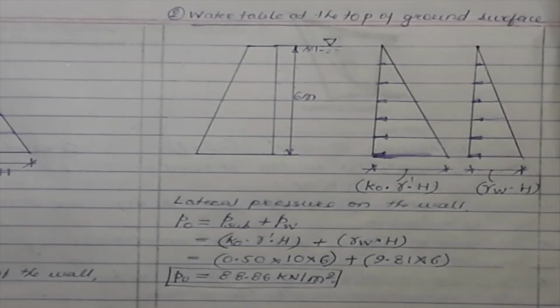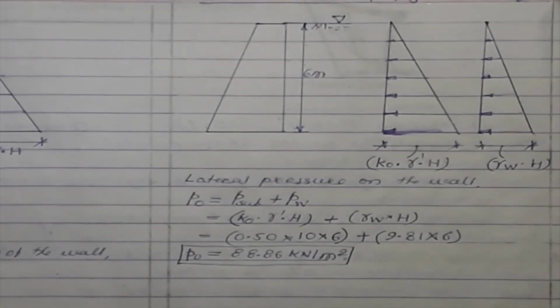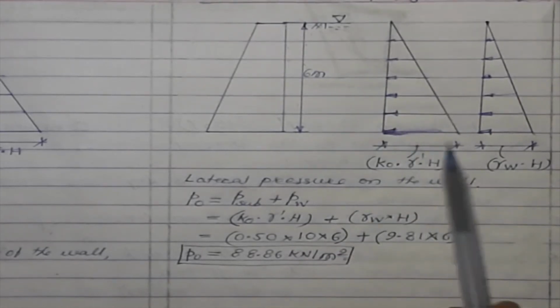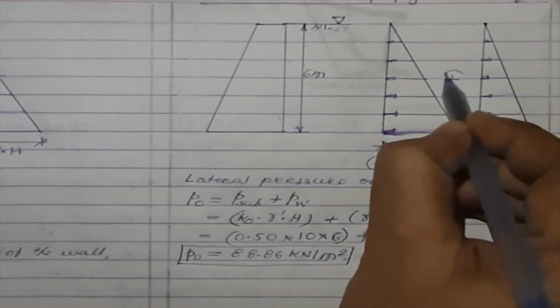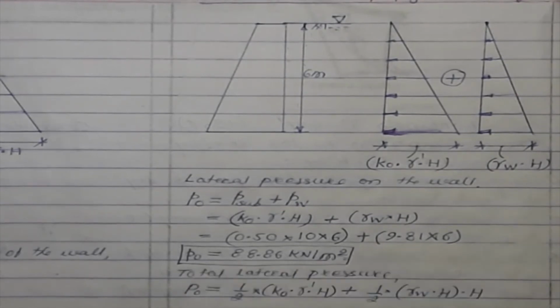Thereafter, we want to find out the total lateral earth pressure in this condition. How to calculate that? It would be the addition of the areas of the pressure diagrams. Find the area of this triangle, find the area of this triangle. Together this will give us the total lateral earth pressure. Let us find it out. So what is the formula?